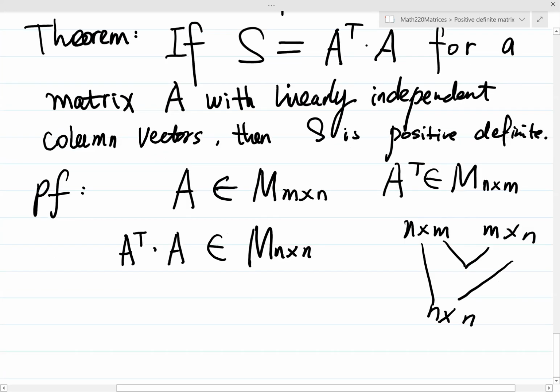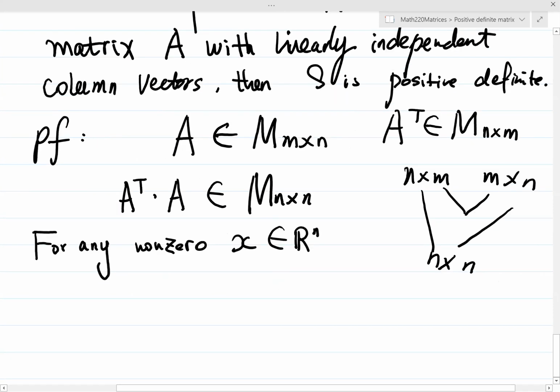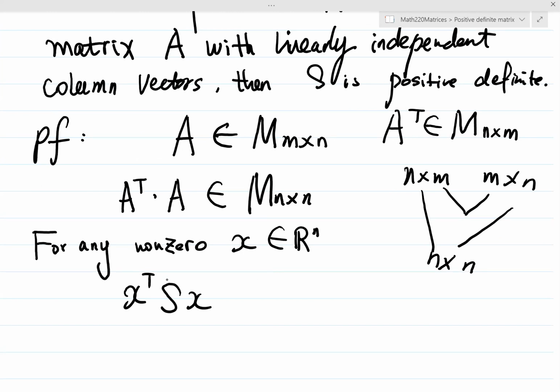So we want to show that for any non-zero x in R^n, the dot product of Sx with x, that is x transpose S x, is positive.